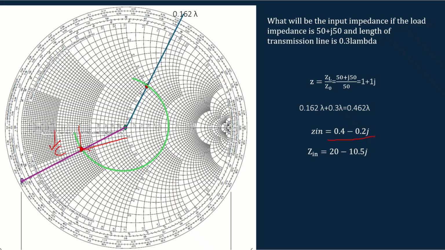This value will be your normalized input impedance. If you multiply that by 50, you get the input impedance as 20 minus 10.5j. These are the steps to calculate the input impedance if you have a complex load connected to the transmission line.